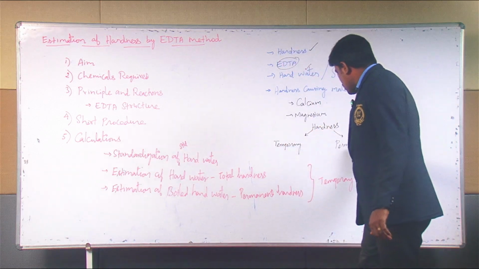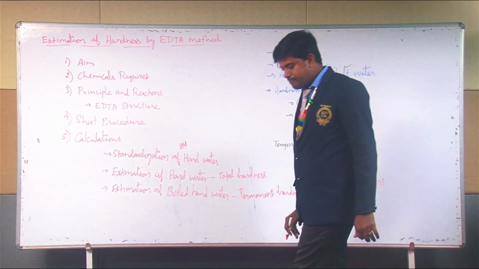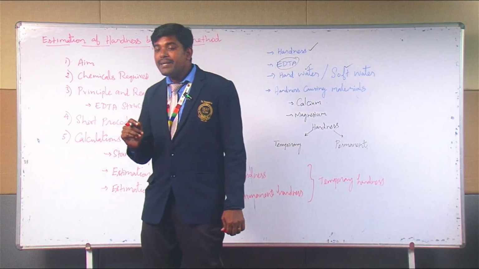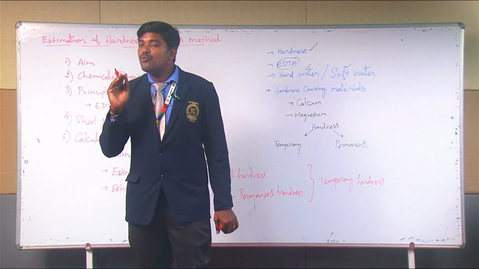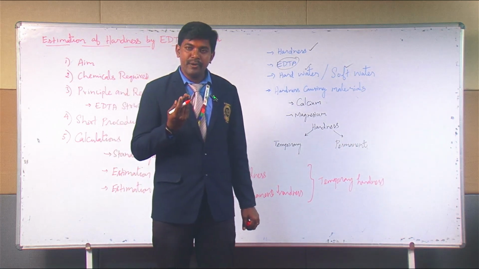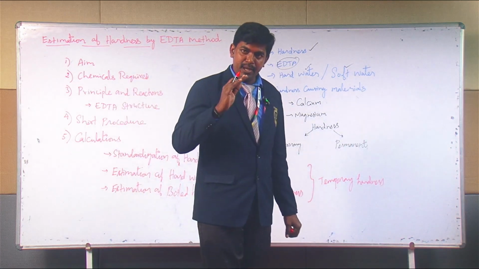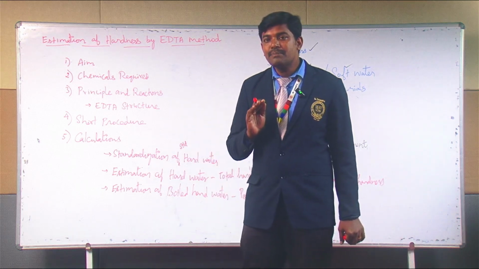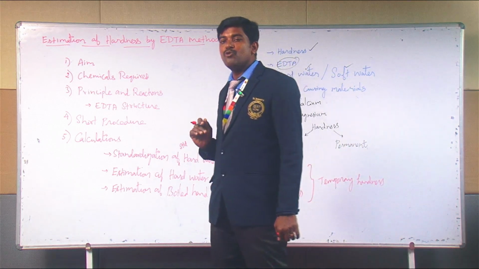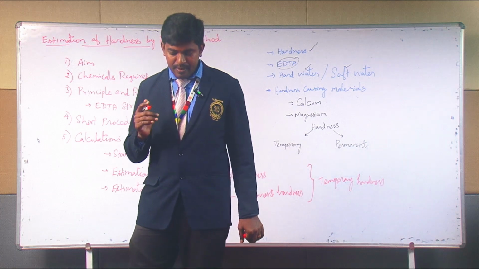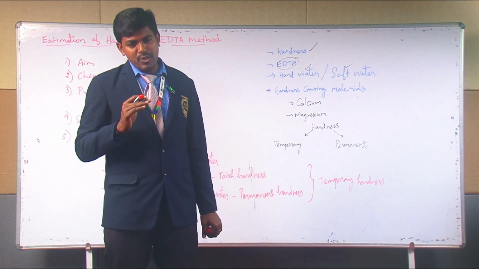Before that, we will discuss what is meant by permanent hardness. Permanent hardness cannot be removed by simple boiling. The temporary hardness can be removed by simple boiling, but permanent hardness cannot. So, it needs some other process to remove.